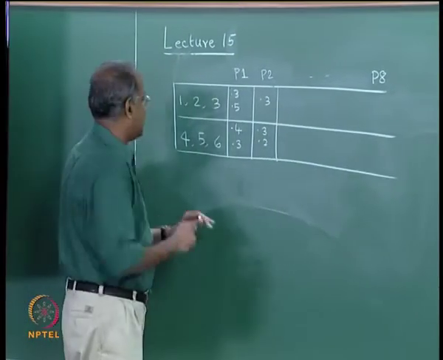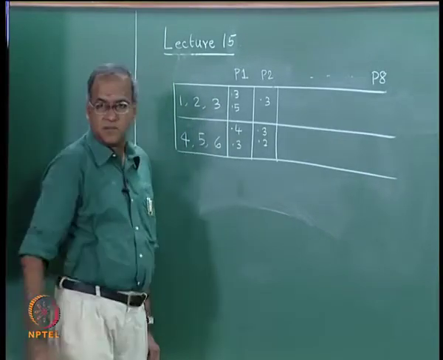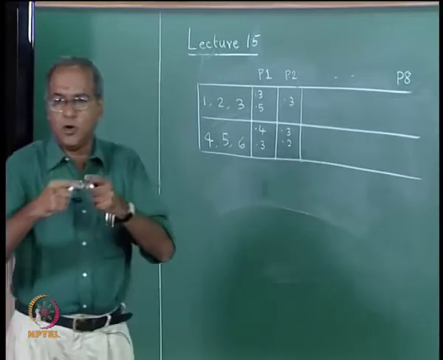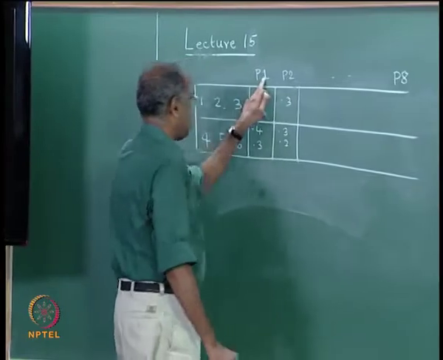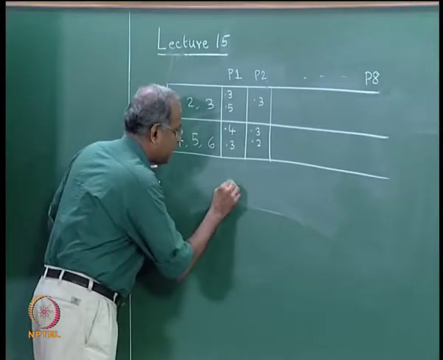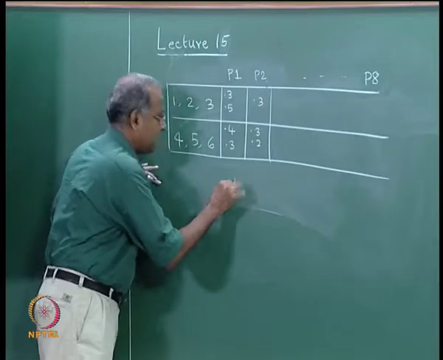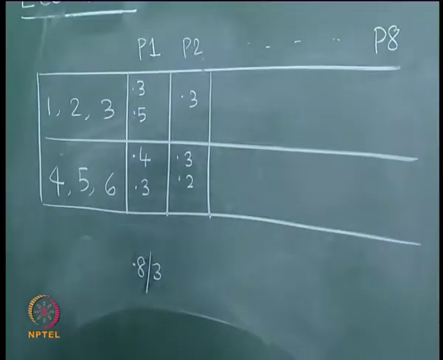Now, there are 3 machines in this cell. The total load on this cell through part P1 is 0.8. So, the average load is 0.8 by 3. It is not 0.8 by 2, it is taken as 0.8 by 3. Ideally, if this cell configuration is a very good configuration, then P1 will visit all the machines in the cell.